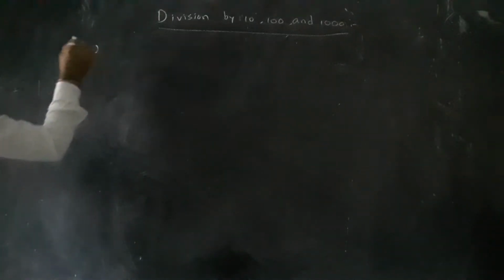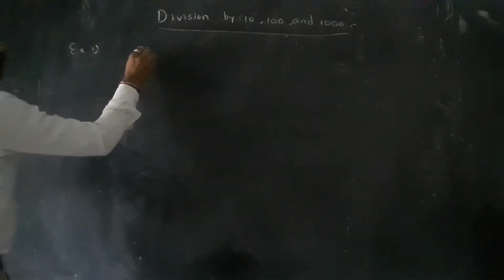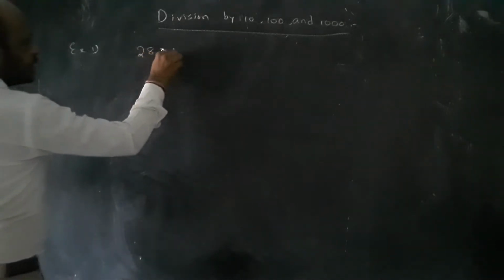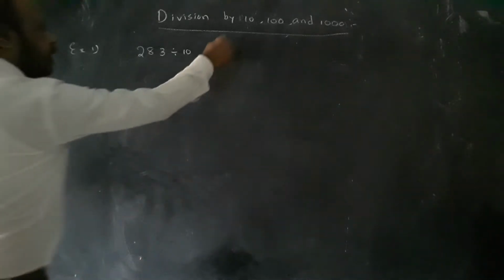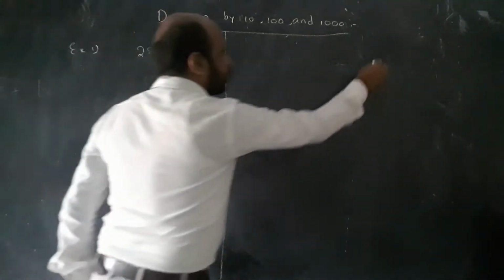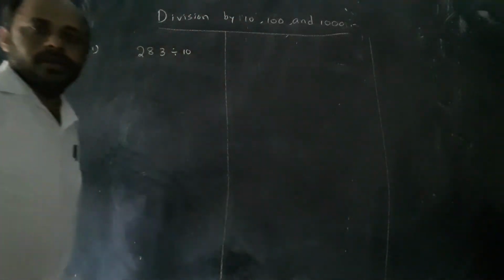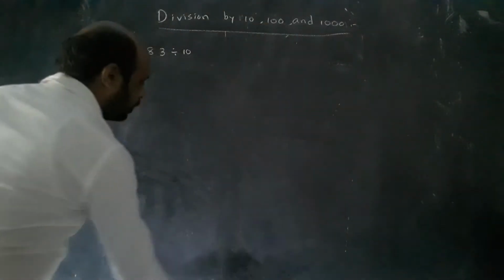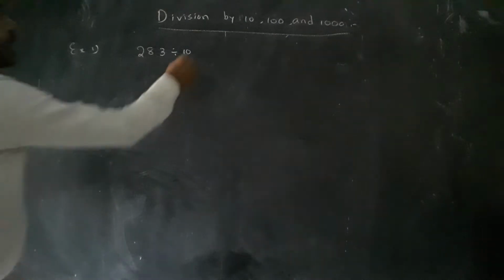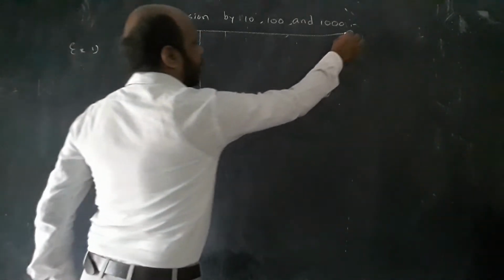Now see, for example, example number 1. 283 is divided by 10. I will explain 3 parts at a time, children, so that you will get the difference easily.